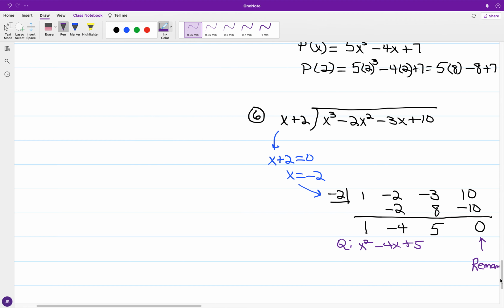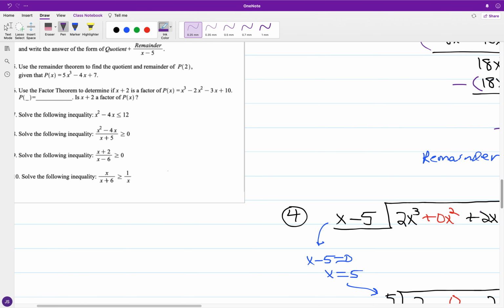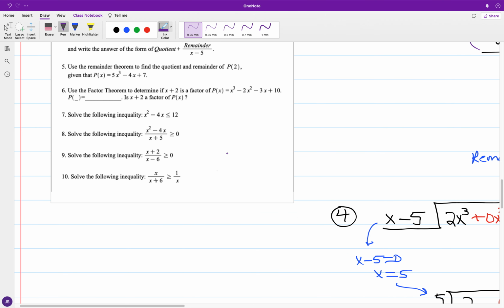For the fill-in-the-blank portion and the yes or no item, we have p of negative 2 equal to 0. Because the remainder is equal to 0, it signals that x plus 2 is a factor. If the remainder had been non-zero, then x plus 2 would not have been a factor.